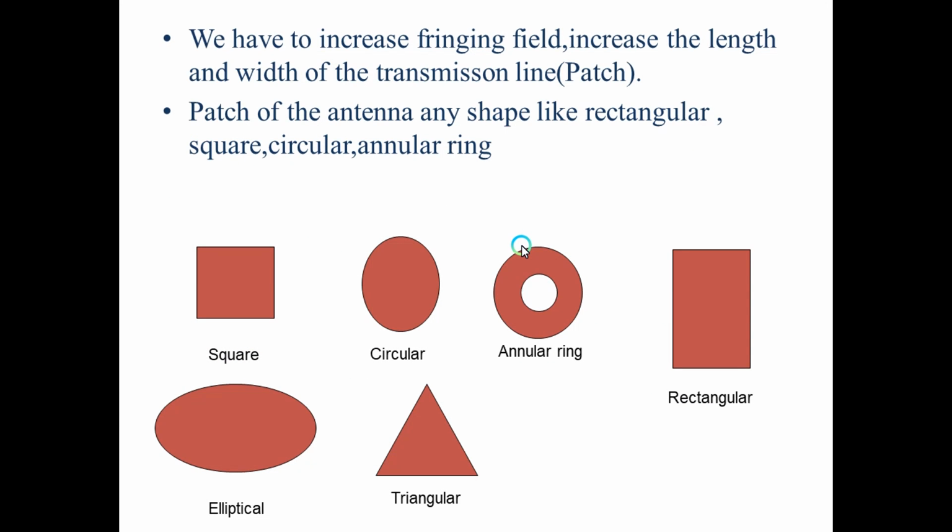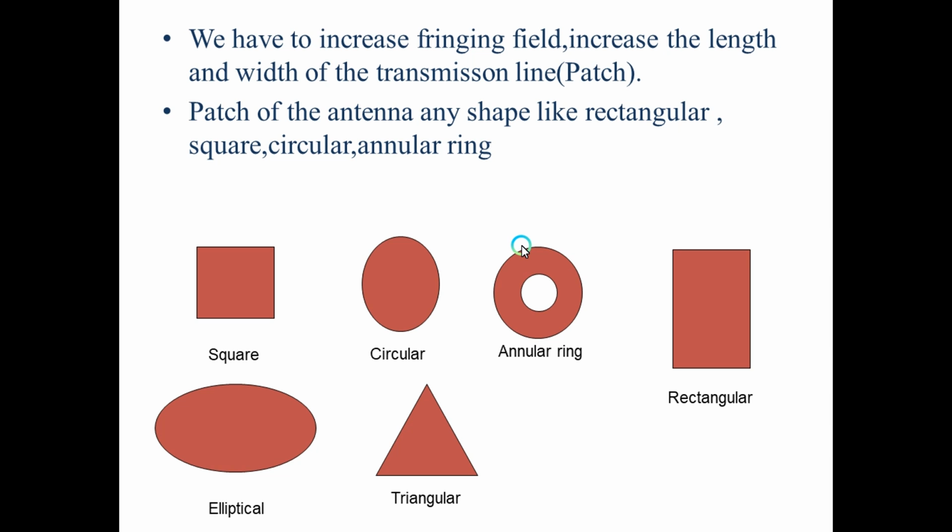That copper wire we bend into shapes like square, circular, annular ring, rectangular, elliptical and triangular. Why so many shapes? According to our frequency range. Which frequency my antenna will radiate, according to our mathematical calculation, decides the shape.